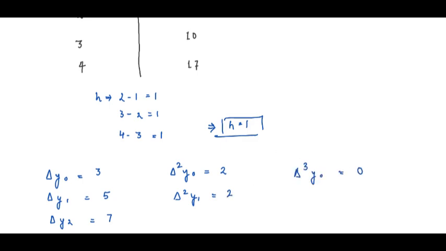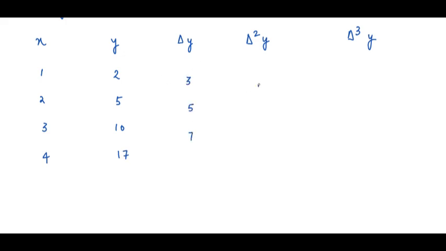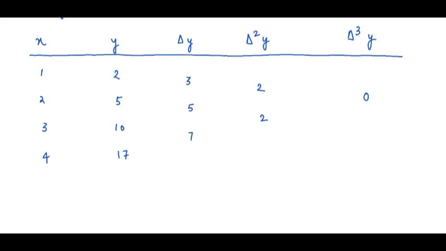And hence the third difference becomes 0. Now we have the table with x, y, del y, del 2y, del 3y, where x has 1, 2, 3, and 4, and y has 2, 5, 10, 17. And del y has 3, 5, 7, and the next column has 2, 2, and hence 0.